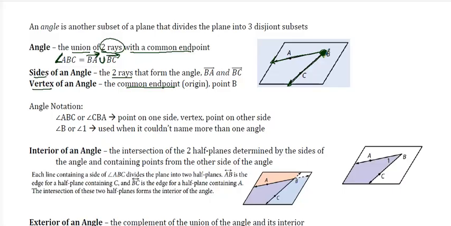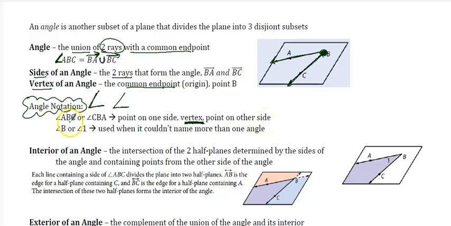Okay, so one thing about angle notation. This is very important as well. We're going to use the symbol for angle. It looks kind of like a less than sign, but it comes down and then it's flat on the bottom to be an angle. But angle ABC or angle CBA are both correct. The point is on one side, the vertex has to be in the middle, and the point on the other side.